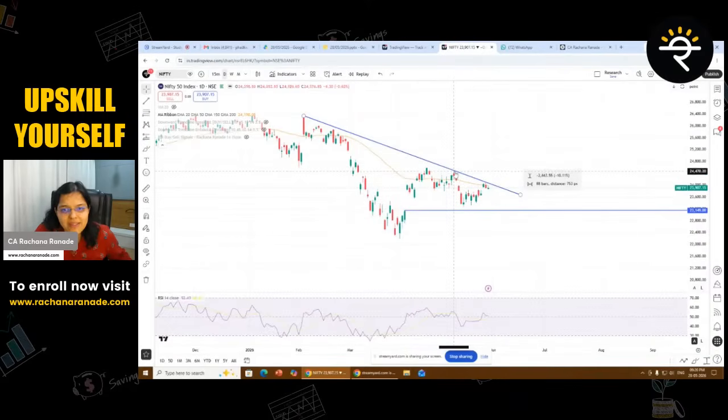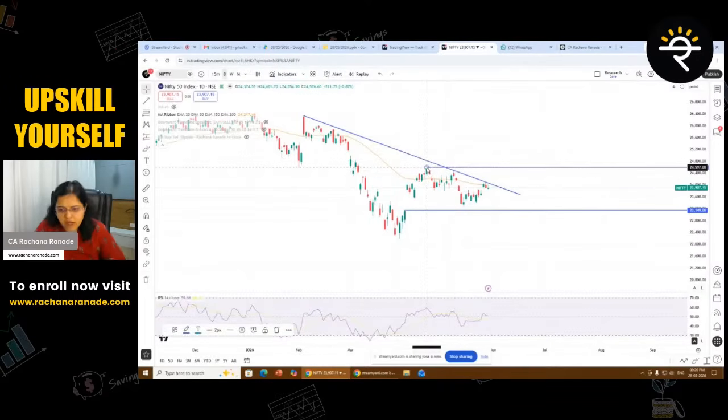What could be the next immediate resistance? Of course, one is 24,600, and this one is around 24,600. So 24,500, 24,600 could be the next resistances. And if 23,150 stands broken, then of course 22,800 is definitely one more level that we can check for support.